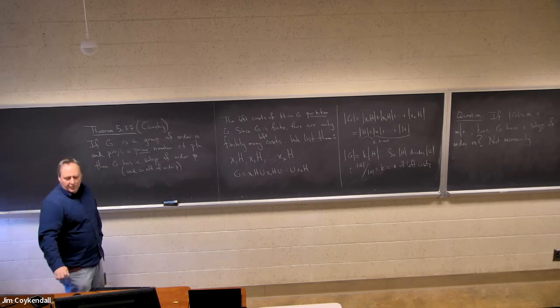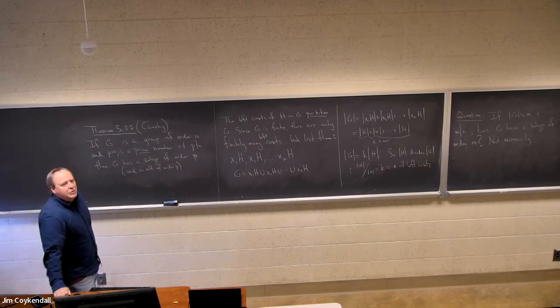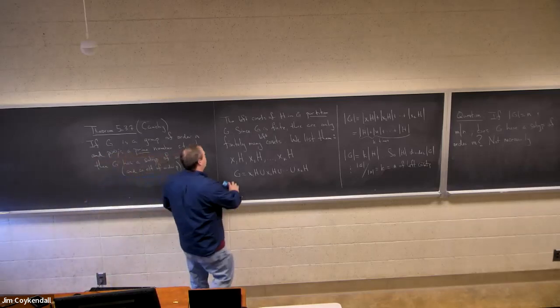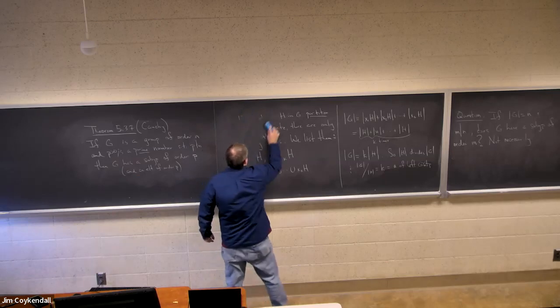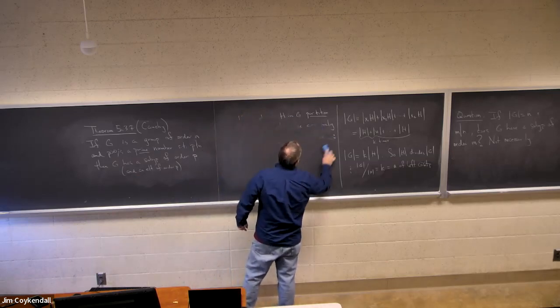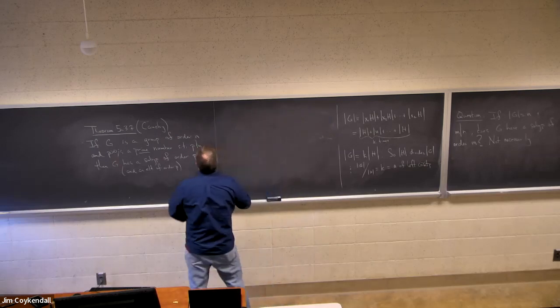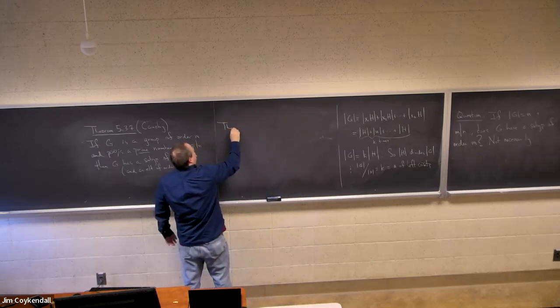So if you have any group of order n, and you have a prime that divides n, then you automatically have a subgroup, and hence an element, of that order in G. I'll take this further than what Cauchy tells you. I'll tell you this more general theorem.